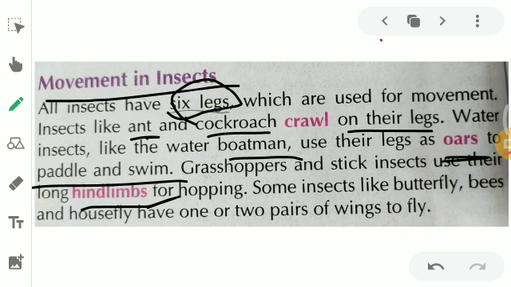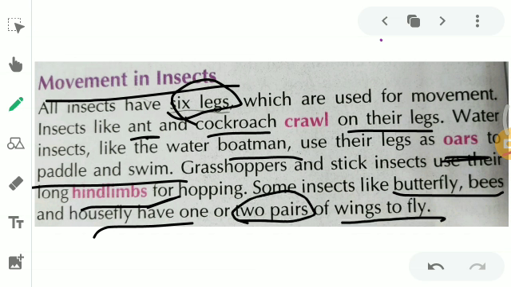Hopping means, you know, grasshoppers, midathalu, jump, right? That is called hopping. How do they jump? With the help of long hind limbs. And some insects like butterfly, bees and housefly have 2 pairs of wings to fly. So different insects have different organs to move.